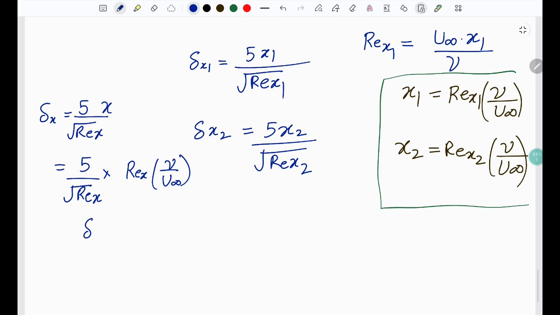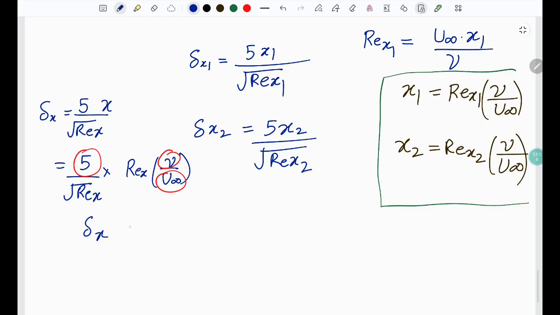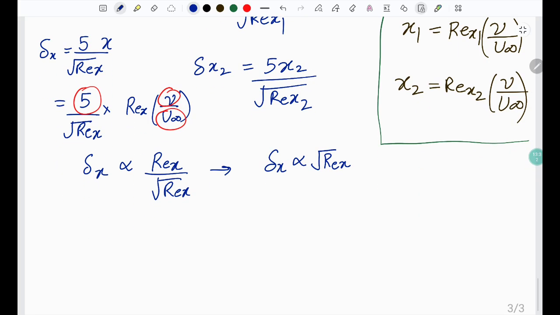Since these terms 5, nu and u infinity are constant, I can write delta x directly proportional to Re x over root Re x. That makes the expression delta x directly proportional to root Re x. Hence in this case, where both x and Re x are varying, delta x1 over delta x2 will be simply equal to root Re x1 over root Re x2.